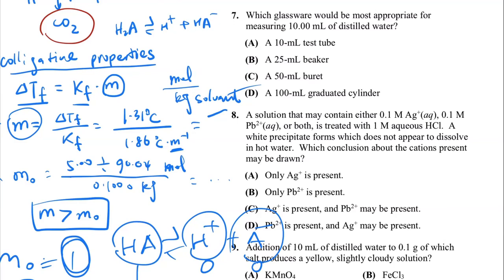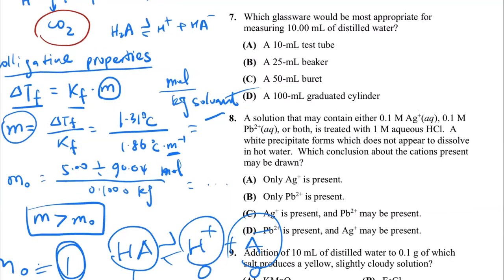If it's strong, you can say the i is 2, because 1 mole of acid will directly change into 2 moles of ions, right? But here, since it's a weak acid, you don't know. Actually, you are calculating how many percent of the acid is dissociated by comparing the original molality with the calculated molality from the freezing point depression. Make sense? Yeah, thank you. Okay, no problem.